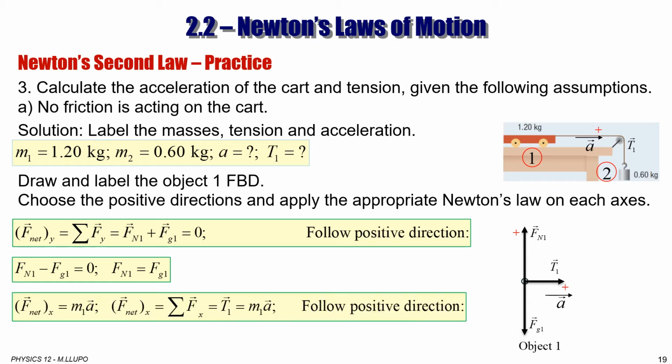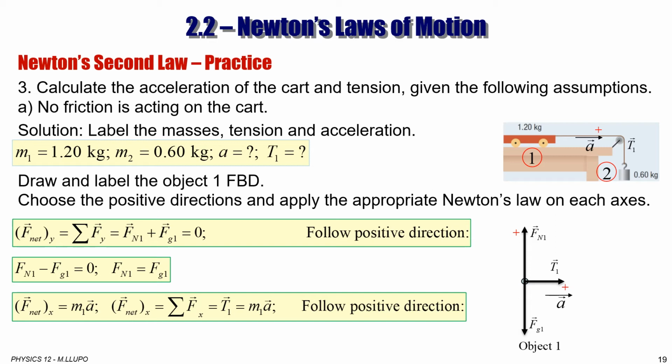Now, F net x is equal to m1a, because object 1, with mass 1, is accelerating in that direction. F net is the sum of all forces on the x-axis, and we have only one force on x. So F net x is equal to T1, and that is equal to m1a.